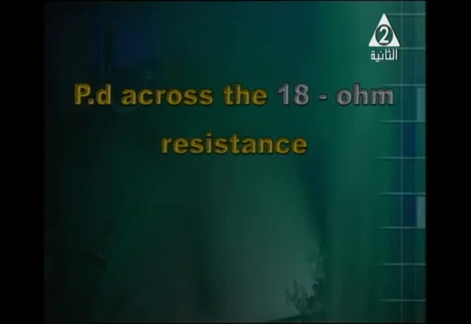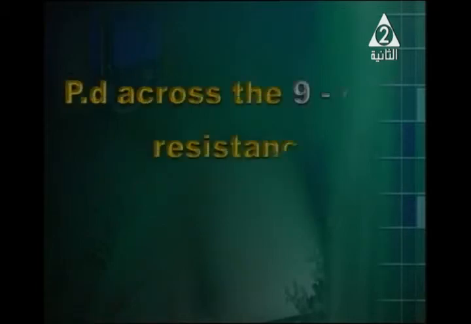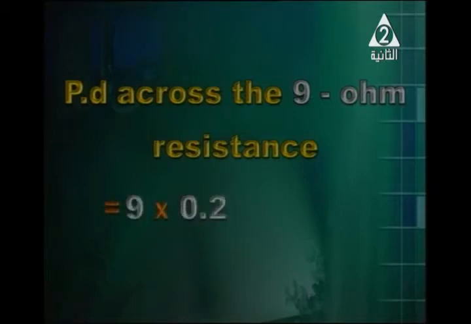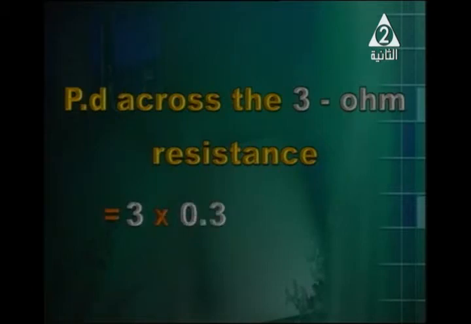Potential difference across the 18 ohm is 18 times 0.1, it is 1.8 volt. Potential difference across the 9 ohm resistance is 9 times 0.2, it is 1.8, same voltage, so they must be connected in parallel. Potential across the 3 ohm resistance is 3 times 0.3, 0.9.